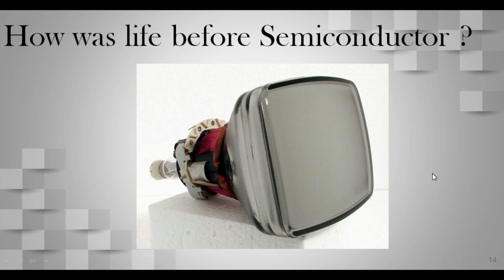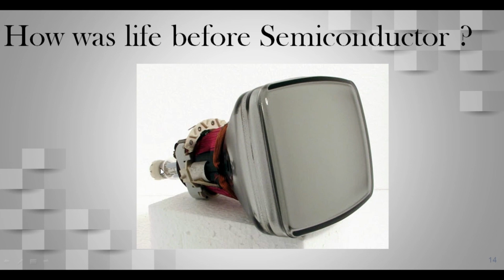Even until 4 to 5 years back, there were lengthy and bulky televisions as well as laptop systems. So, what was there in that? It was a large vacuum tube, where there was movement of electrons inside this particular tube. There were two plates, one was cathode, one was anode.